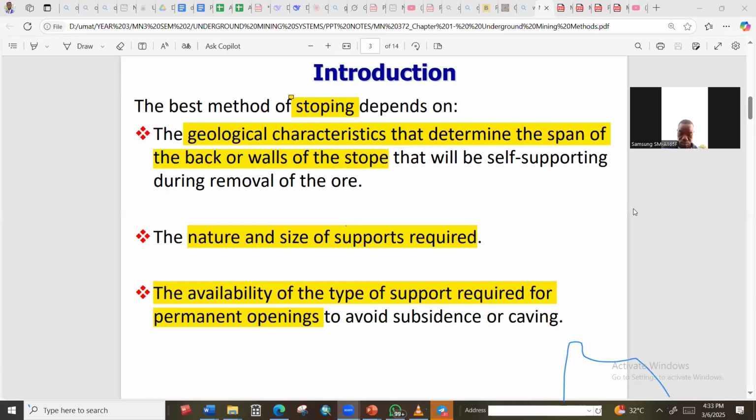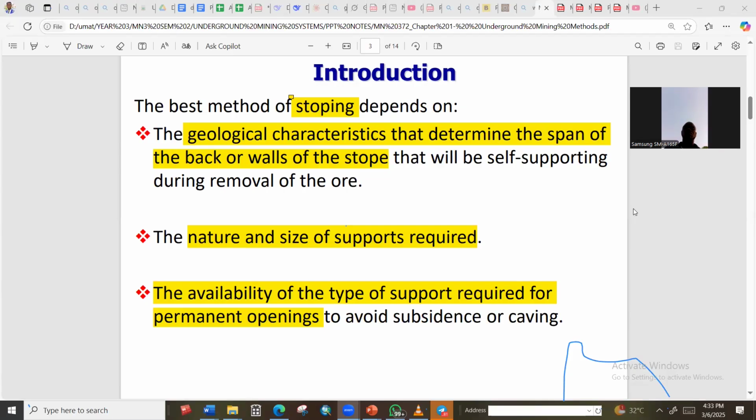The second point is that you have to also take into consideration the nature and size of the support required. Now, after looking at the geological characteristics, maybe you get to know that, okay, fine, my country rock is not all that strong. It is moderate. Therefore, I will need a support system. Now, what is the type of support you're going to use? In underground, we have a lot of materials we use to support our roofs and the whole underground mine.